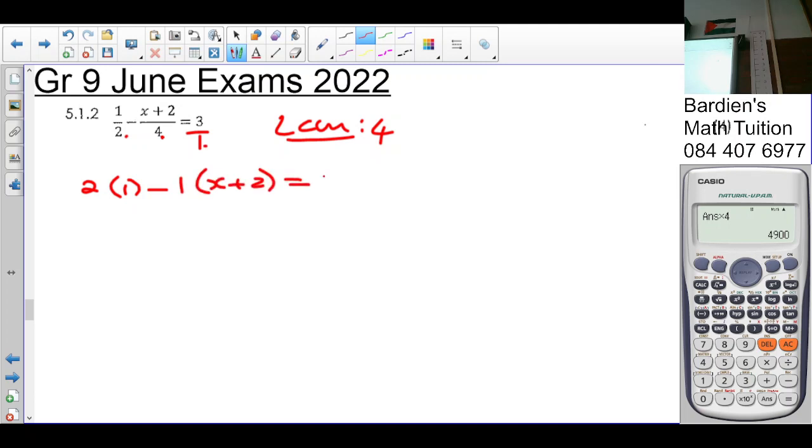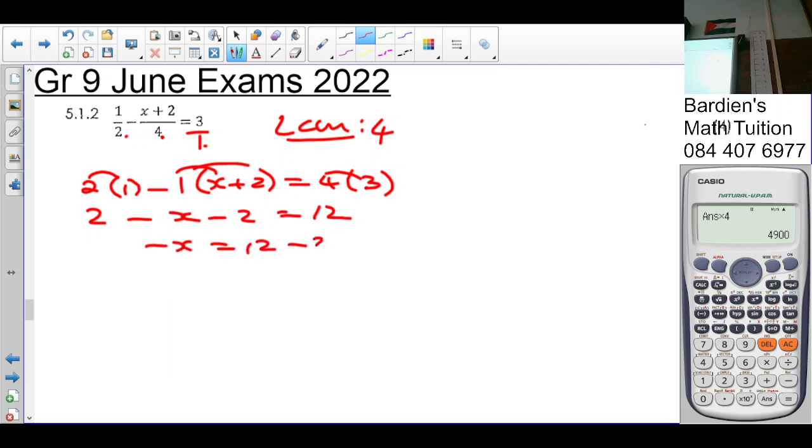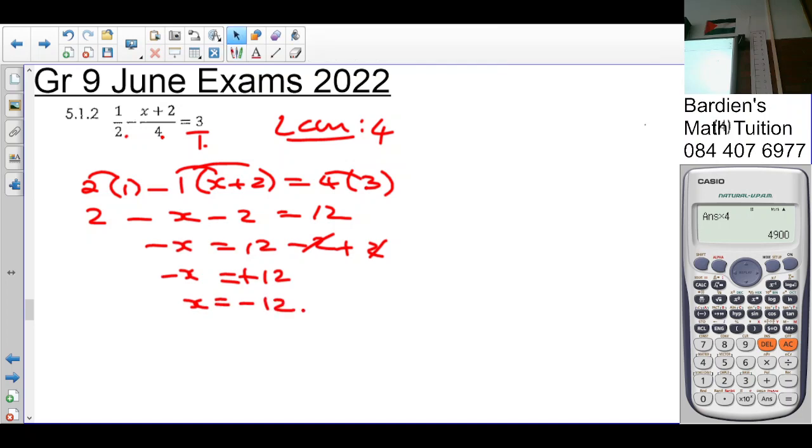This must be multiplied by 4. So we get rid of the brackets. So it's 2 minus x minus 2 equals 12. X is one side, numbers the other side. So it's 12 minus 2 plus 2. That cancels. Minus x is equal to 12. X is negative. Okay.